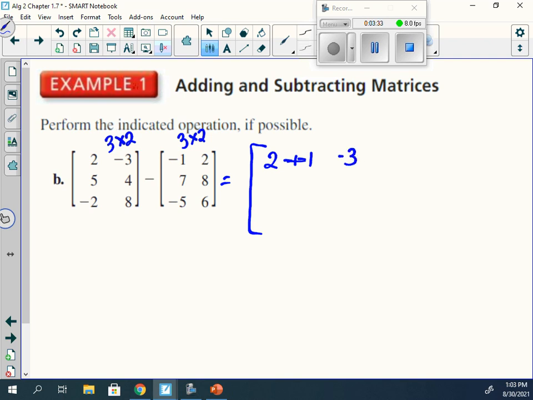Our next element is negative 3 minus 2. Now we can look at the next row, and our first number is 5 minus what? 7. And then we'd have 4 minus negative 2, so the negative and negative would make a plus. And then we'd have 8.